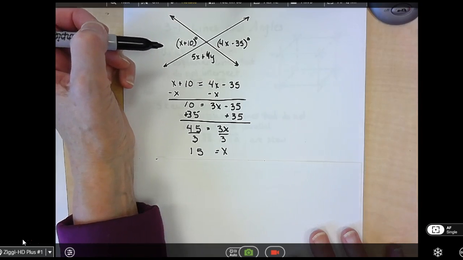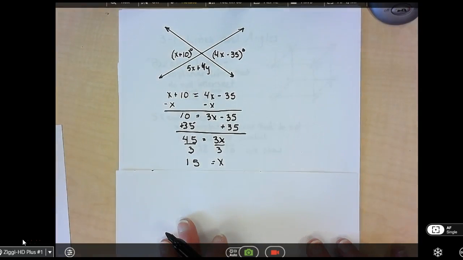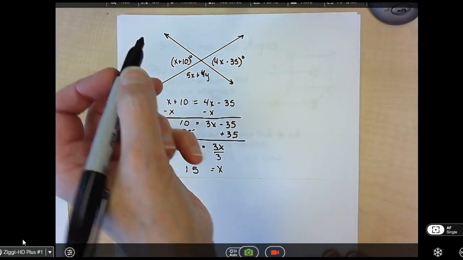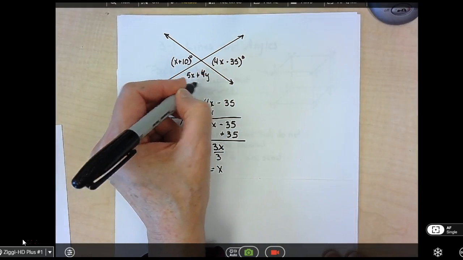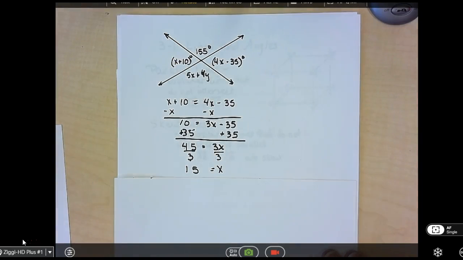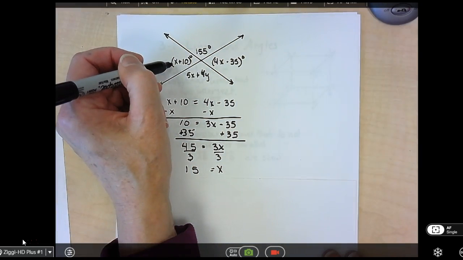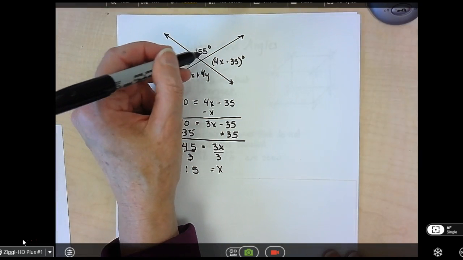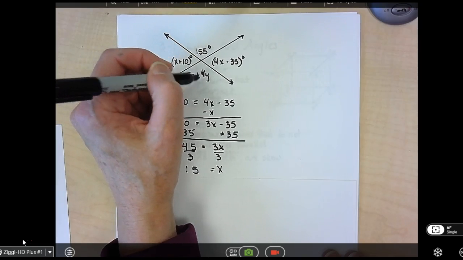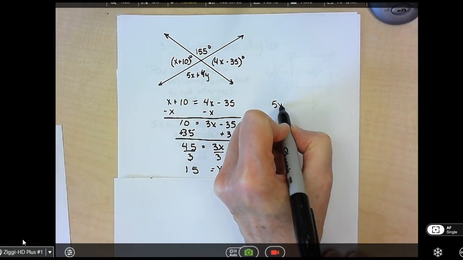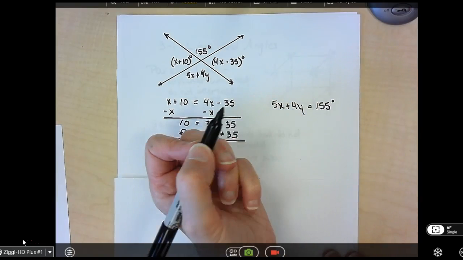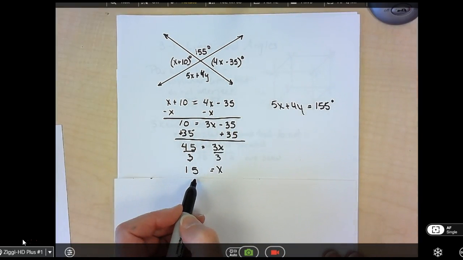And I forgot to write down part of your information. It says find y. This angle down here is 155 degrees, right? Because this is 25, and these two angles are supplementary, so that makes this angle 155. So now I can go 5x plus 4y equals 155 degrees. And I know x is 15.